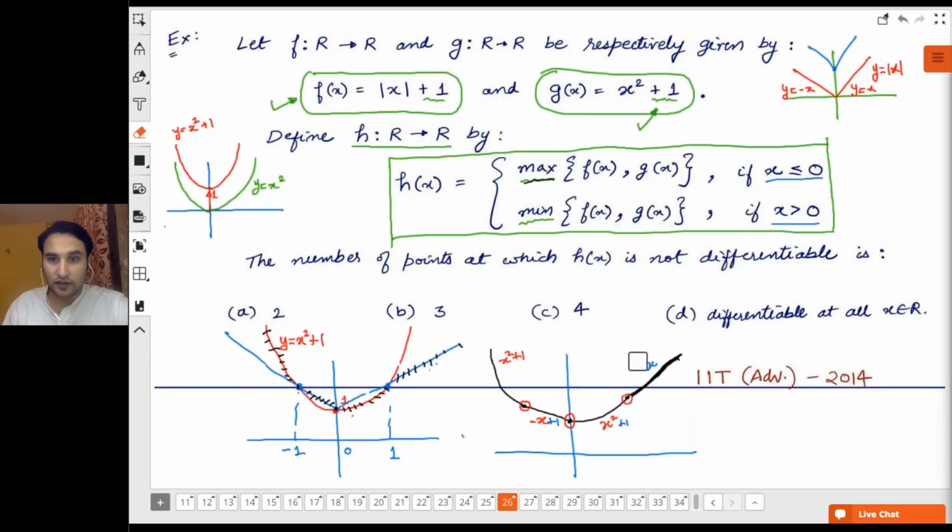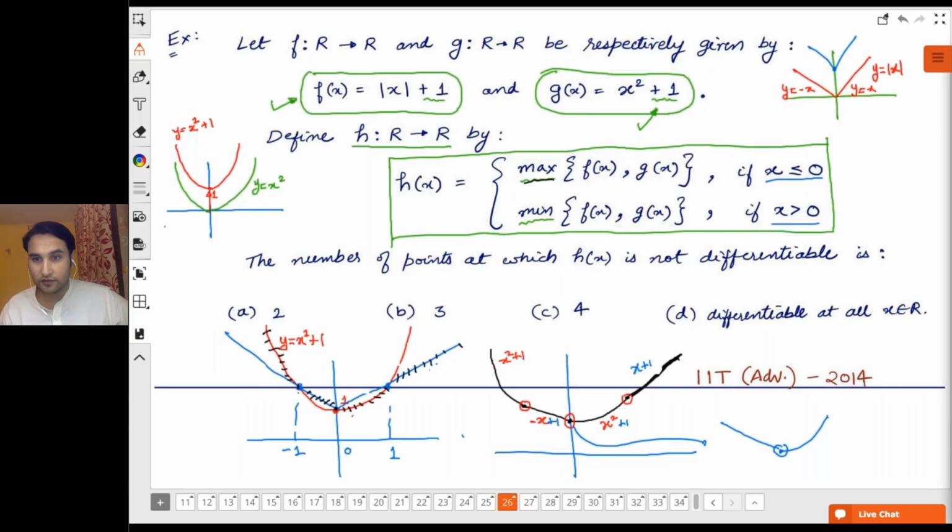Cool. That's it. Now see where the function is differentiable. The number of points where h(x) is not differentiable. The points of contention are this, this, and this. Here there is a sharp corner. Look at this point. If I magnify it, it will look like this. Straight line, then a curve. So there is definitely a sharp corner here. Okay?